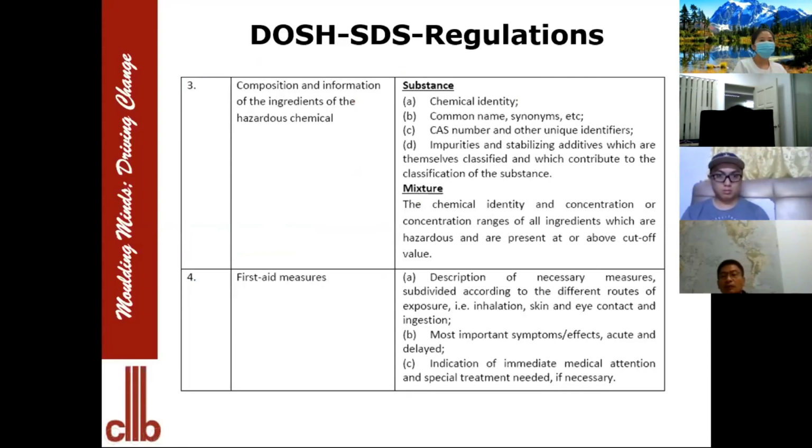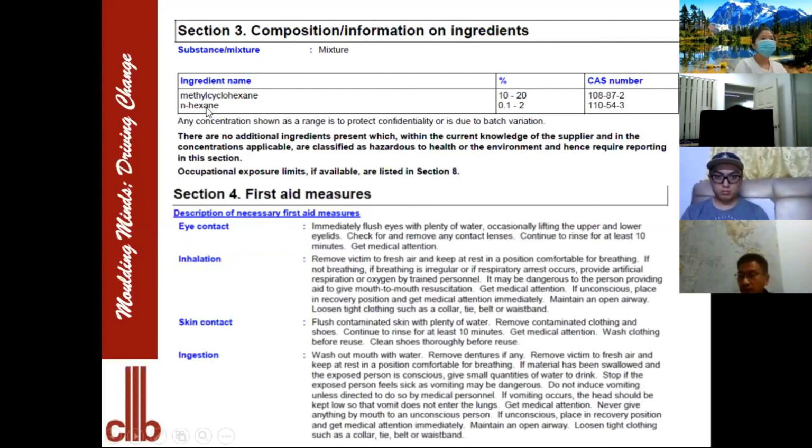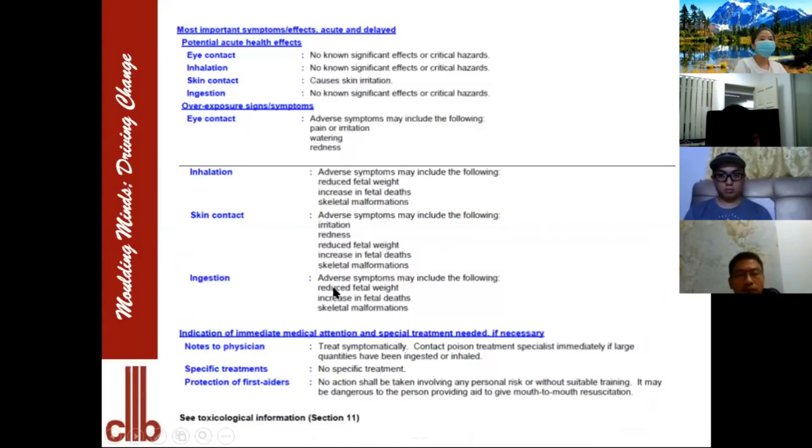They don't tell the exact value, because otherwise it's proprietary. This is a public document, so percentages are indicated here, and in this part are the first aid measures. So for this liquid paper, they tell you it has methyl cyclohexane at 10 to 20%, and they give you the CAS number, and it also has n-hexane, and they tell you the percentage of it, and of course the first aid measures.